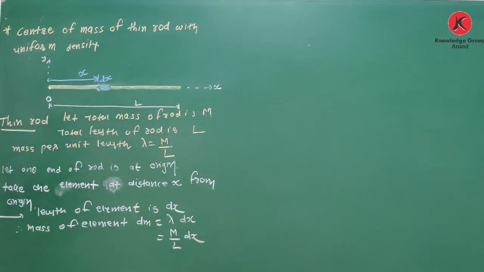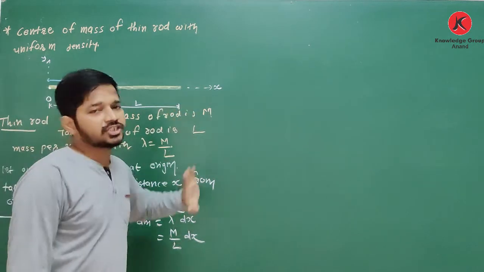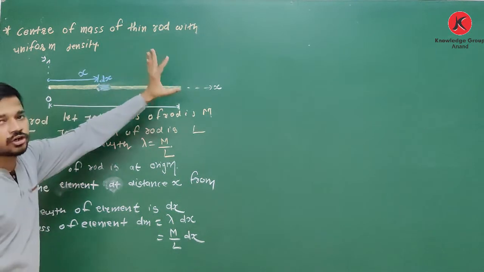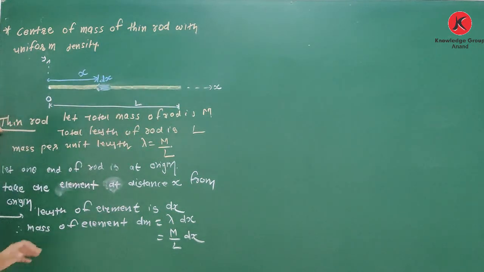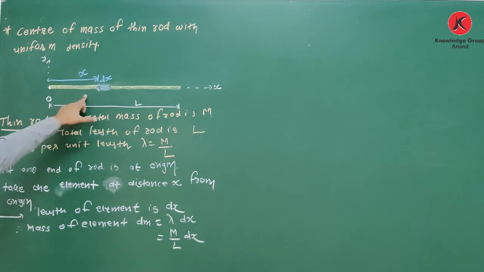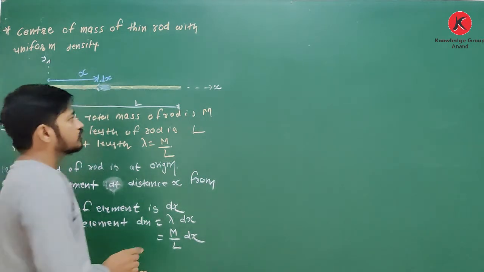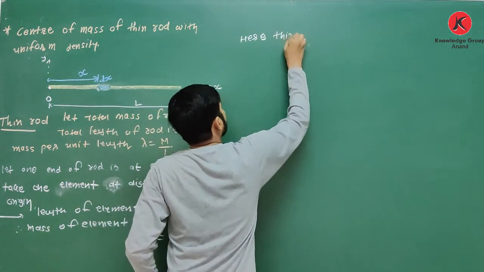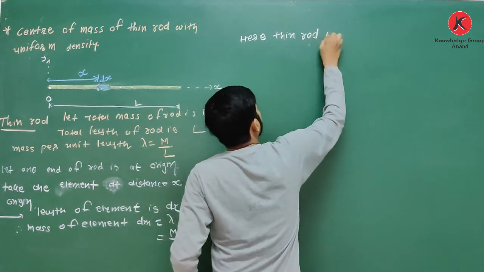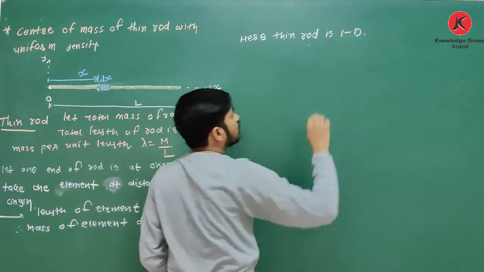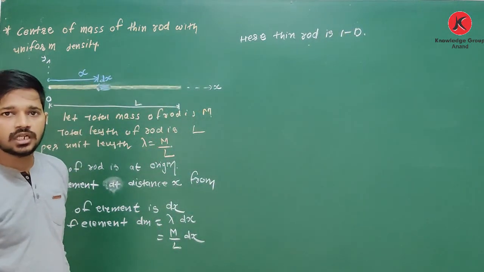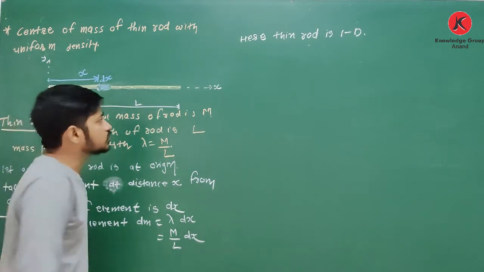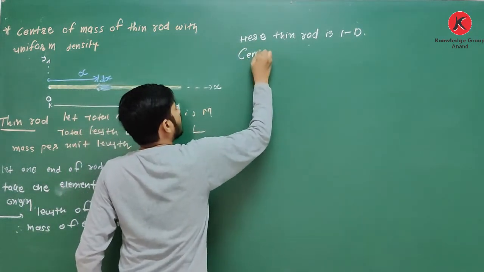Here, as the object is linear, a thin rod, it has only an x component because it is on the x-axis. So we can consider the thin rod as a one-dimensional object, placed on the x-axis.